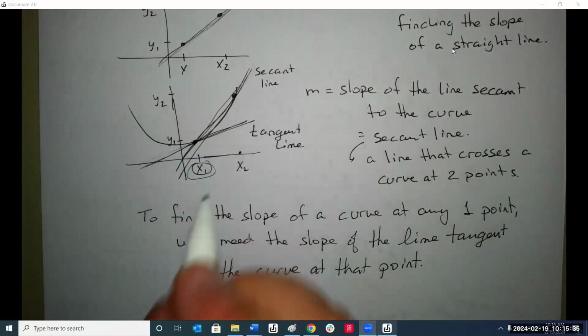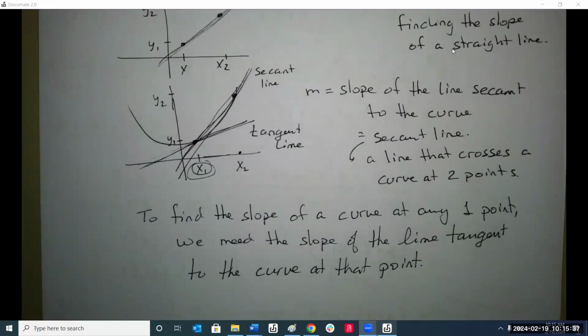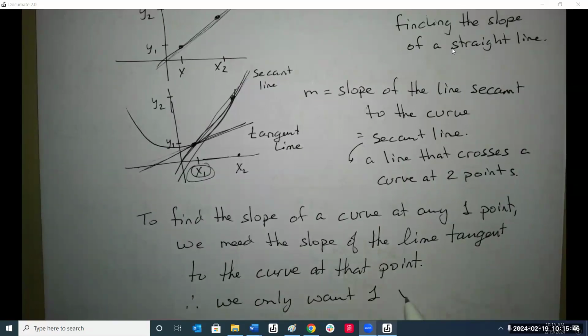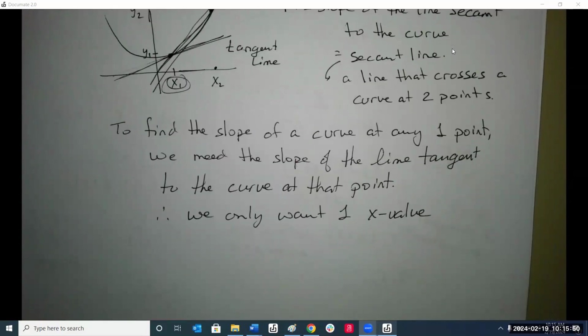We only want one x value. So how do we do that?